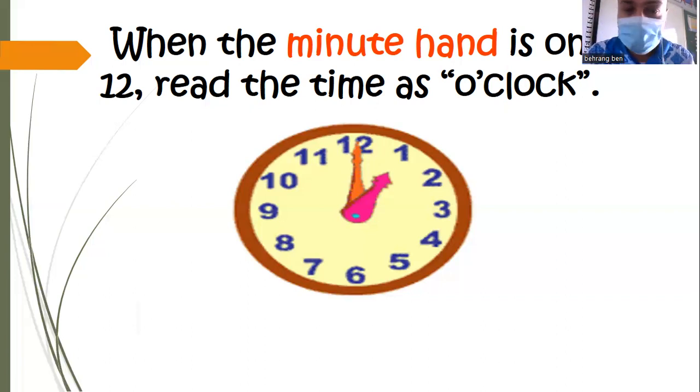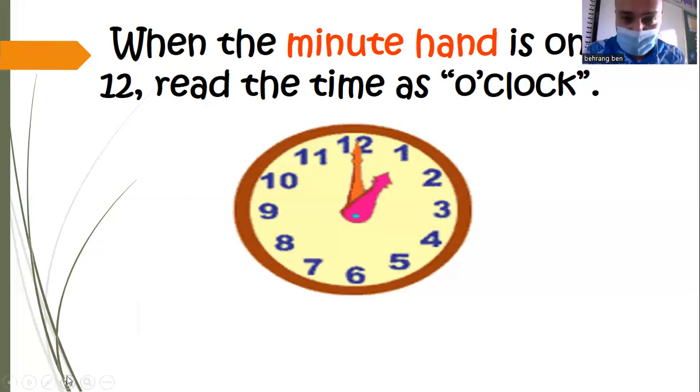You just say the number that the short hand or hour hand of the clock is on, then say o'clock. Easy. 1, 2, 3, 4, 5, 6, 7, 8, 9, 10, 11, 12.